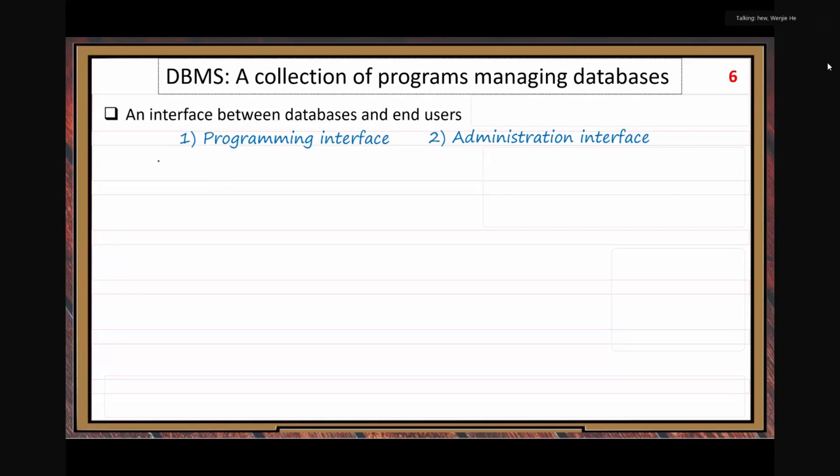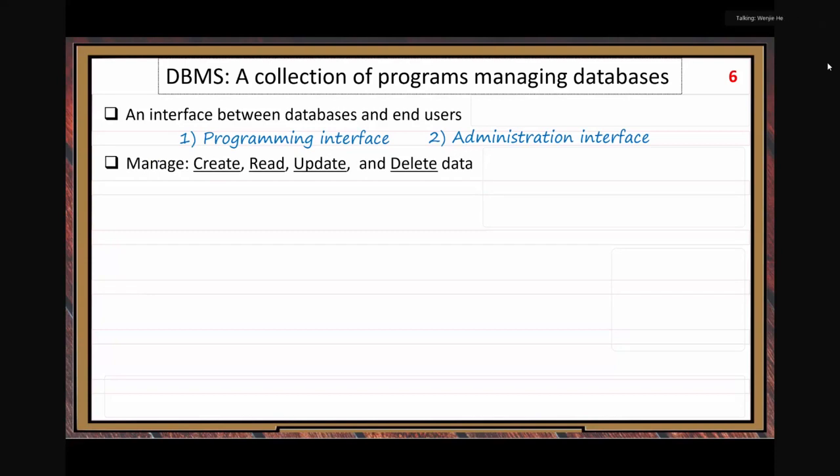They work on the DBMS using SQL commands, in the DBMS environment every day. They use the administration interface, which is different from the programmers' interface. So that is another important interface.